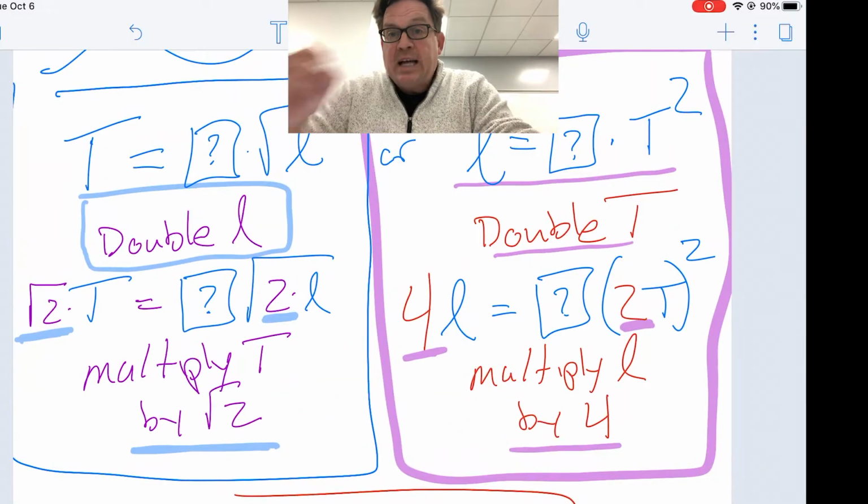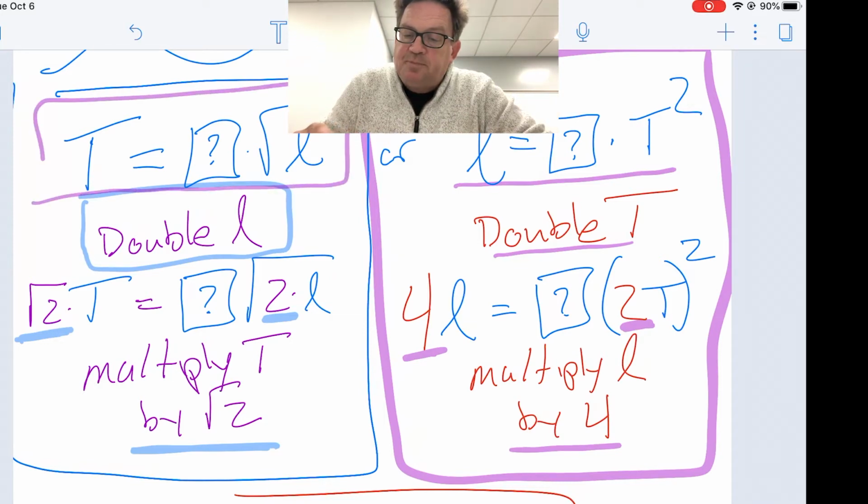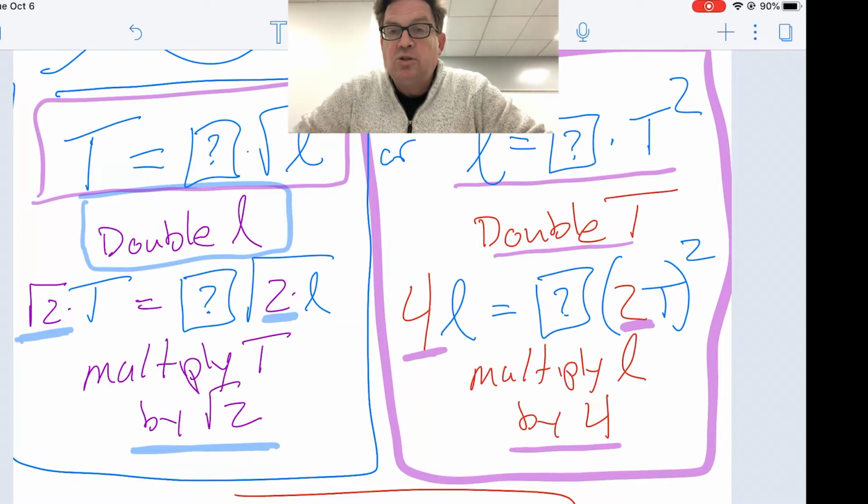Similar to the last video we did, there was a formula about the length of the string of a pendulum and the time it takes to go from one side and back and complete one swing of the pendulum. The formula was that the time is equal to some constant times the square root of L. So it's proportional to the square root of L, and they'll say that it varies with the square root of the length.